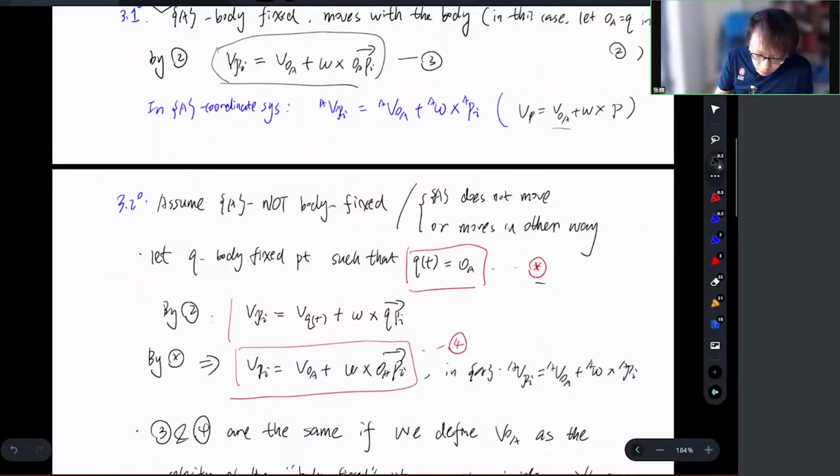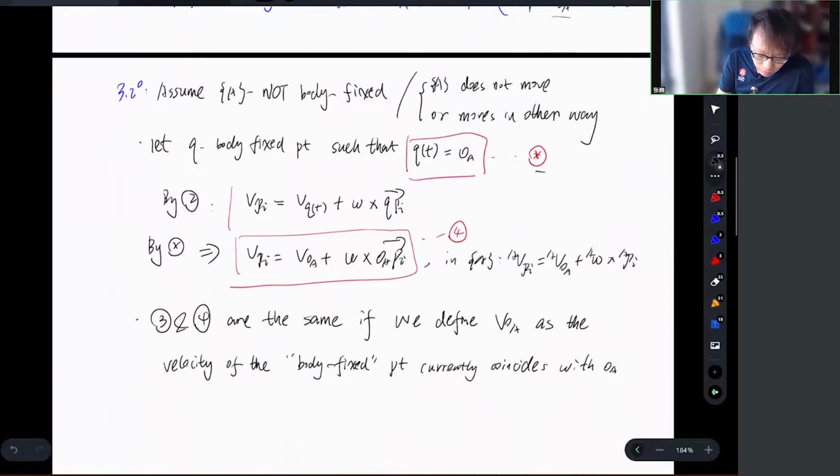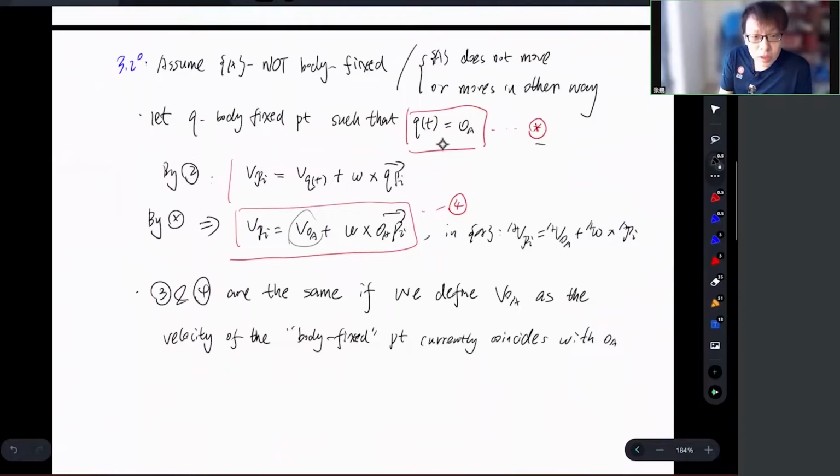And in 4, OA is not body fixed. OA doesn't move. But in the twist definition, we still view this symbol as having a special meaning. It's the velocity of the body fixed point Q, from equation star, that currently coincides with OA.